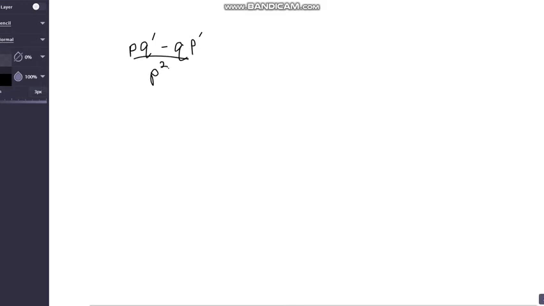Alright, let's use this rule on this equation. 1 minus x over 1 plus x. So this would be 1 plus x. Let me write it down here. 1 plus x times the derivative of the numerator, which is negative 1, minus the numerator, which is 1 minus x, times the derivative of this bottom value.